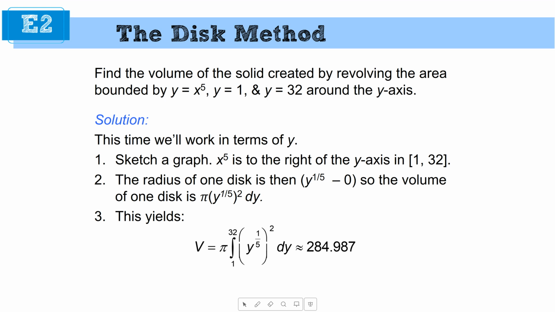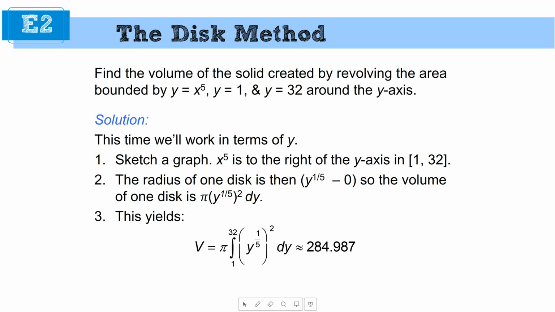Next question. Is my representative rectangle touching the axis of revolution? Or is it not touching the axis of revolution? If it's touching, then you're going to use the disk method. If it's not touching, you're going to use the washer method.